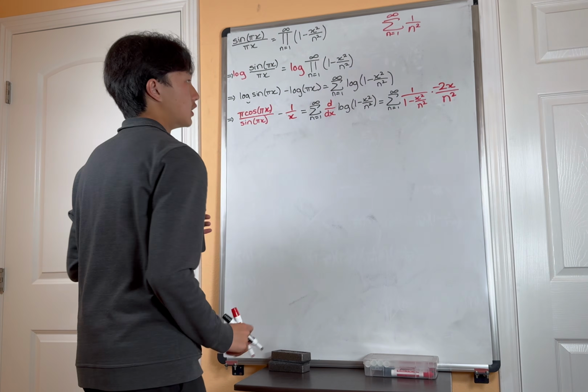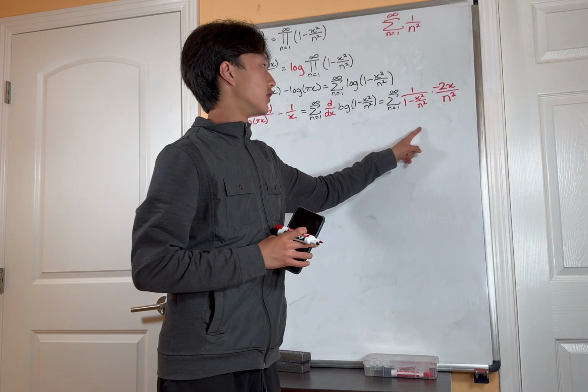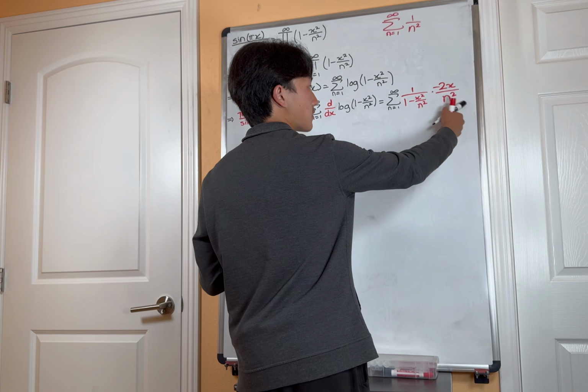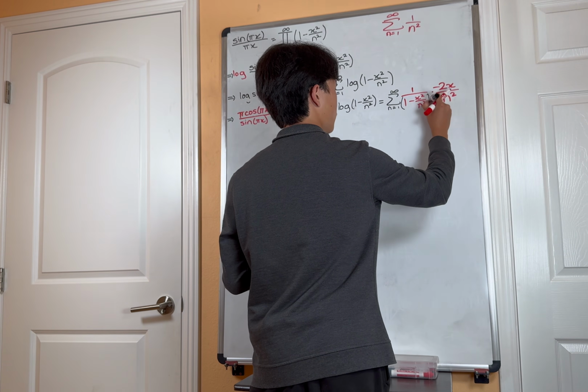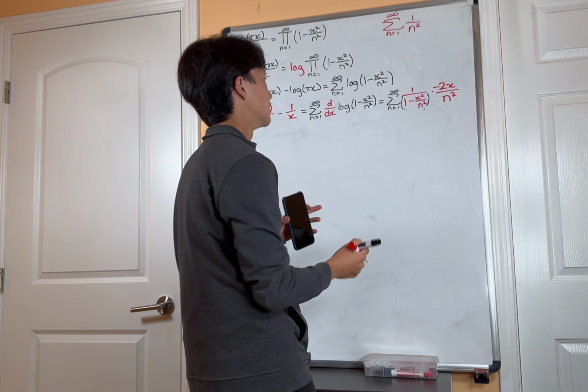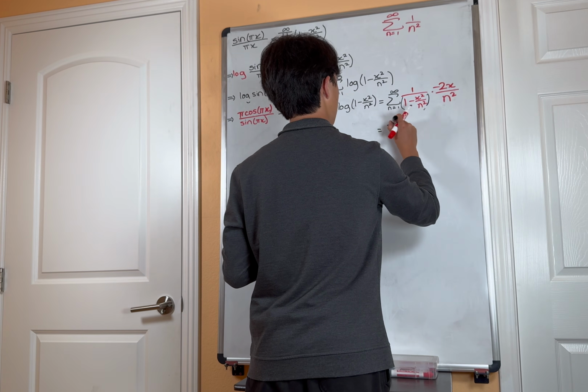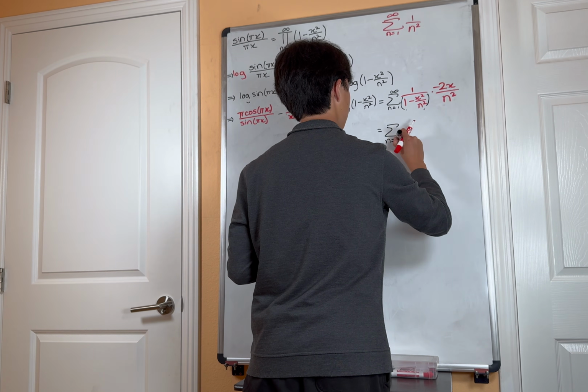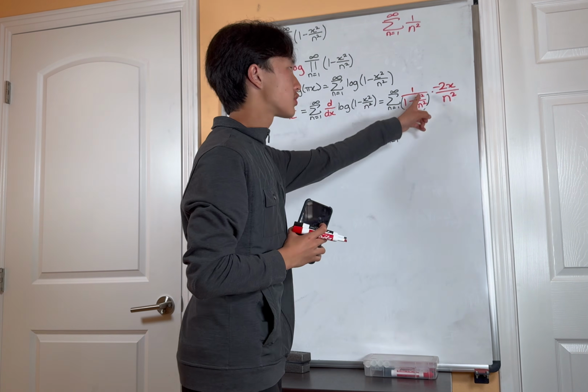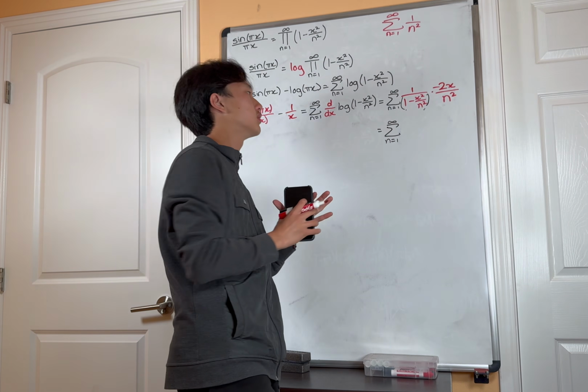Okay. This right here can be simplified a little more. Notice that this right here is just multiplying into both of these terms, this one and that one. So let's go ahead and distribute that in really quickly. We can also move this negative 2x up on top.